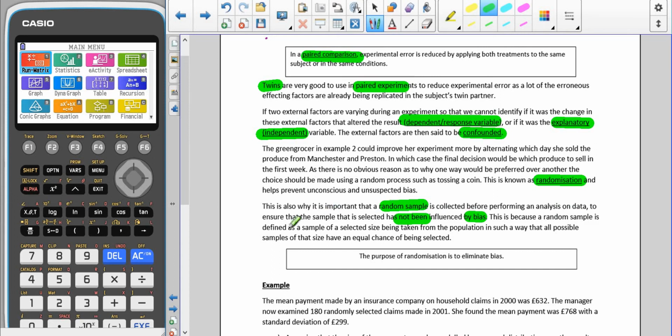This is because a random sample is defined as a random sample of selected size being taken from a population in a way that all possible samples and sizes of sample have an equal chance of being selected. So this is very important. We have to give everybody an equal chance of being selected. We can't have one person being preferred to be chosen over another. We need it to be a random sample.